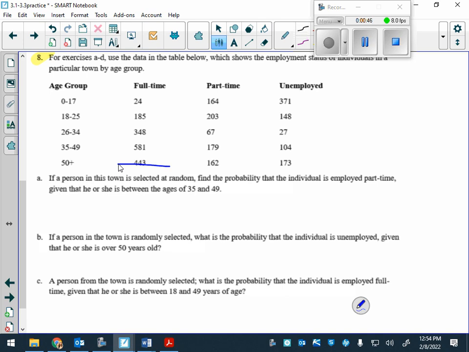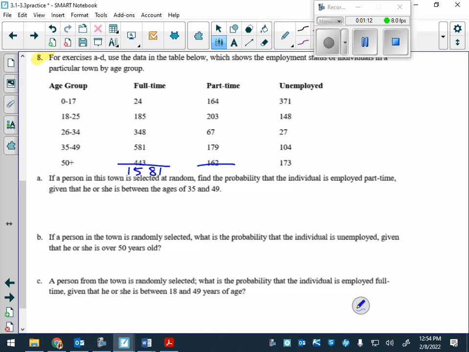What is the total amount of full-time? Danielle? 1581. Okay. How about part-time?